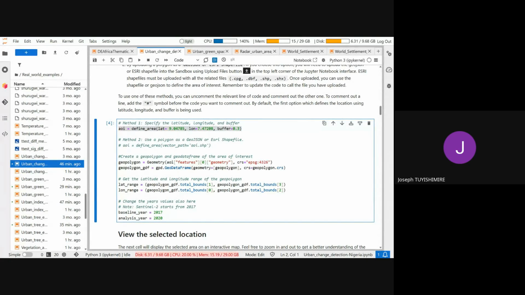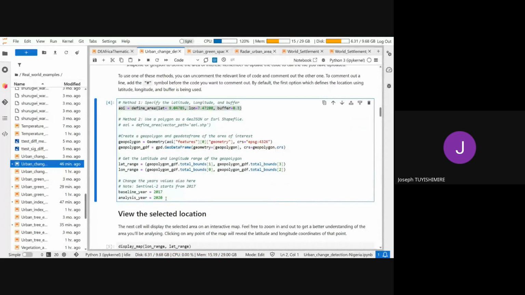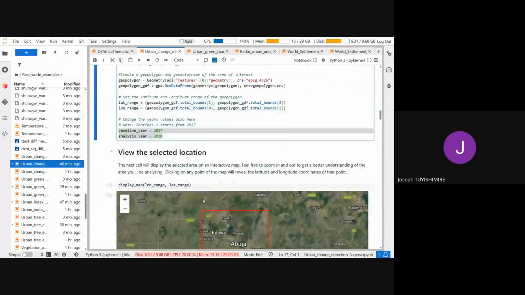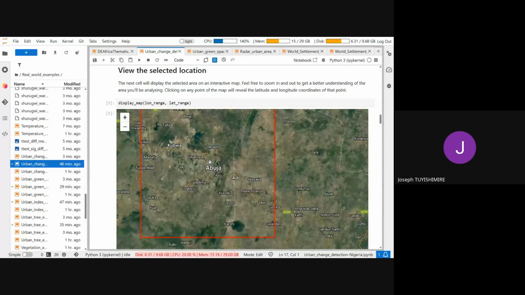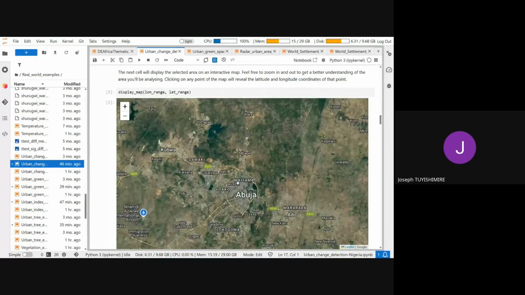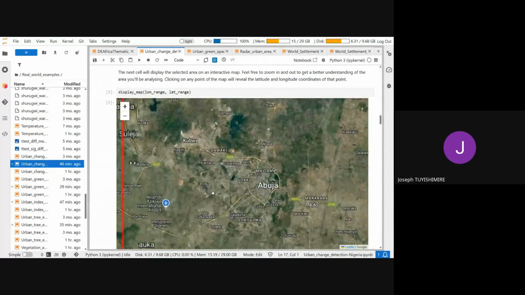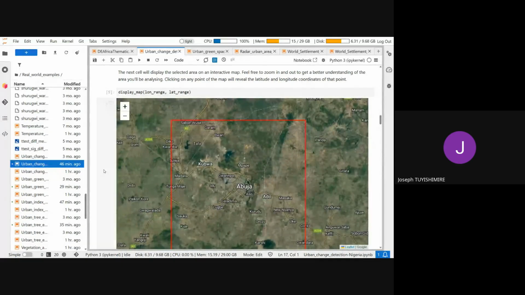You can copy them immediately, paste into cell number 4 and run. I also kept the years 2017 and 2020, but you can change to more recent years. There's no problem; it's just for demonstration. And when you view it on the map, you see our political and diplomatic city of Abuja.